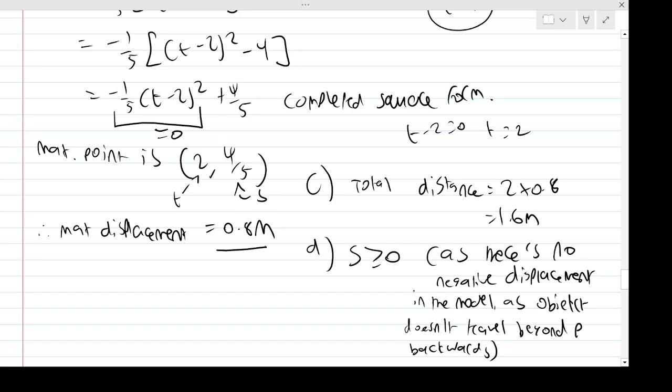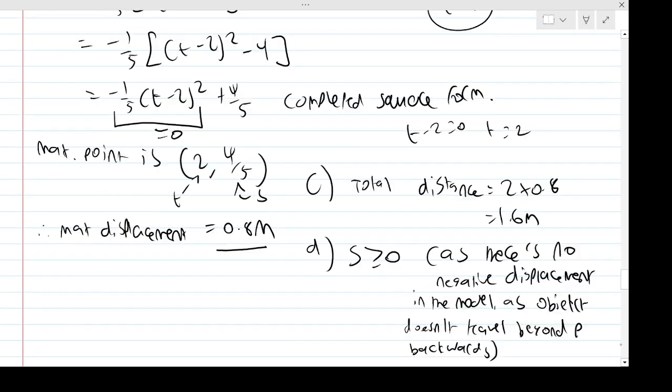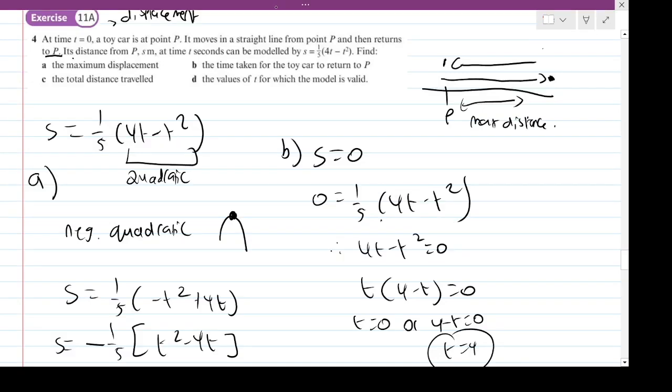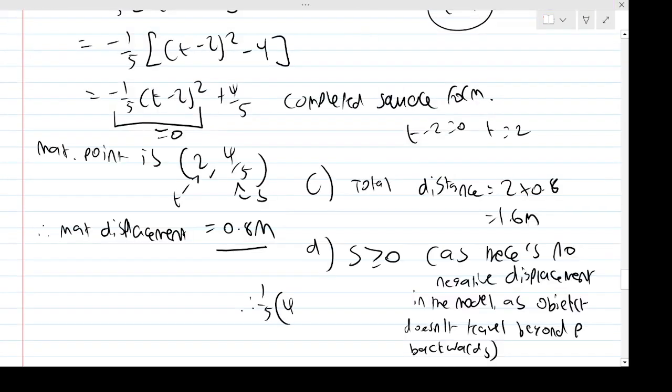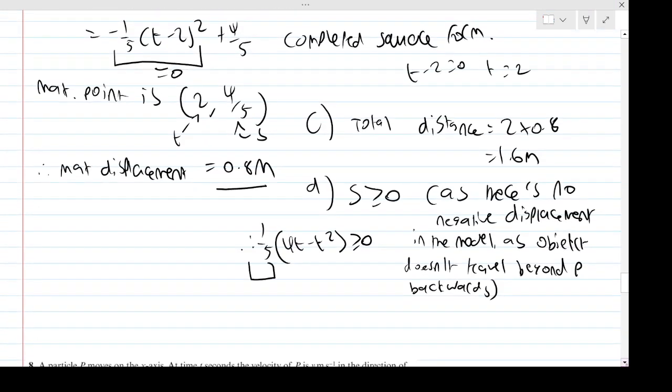Okay, so at that point, very similar to an earlier question, we want to set s to be positive, which means that a fifth of, what was it, 4t minus t squared, right, has to be greater than or equal to 0. Now again, obviously we know a fifth has to be positive, so that means the bracket has to be positive as well.